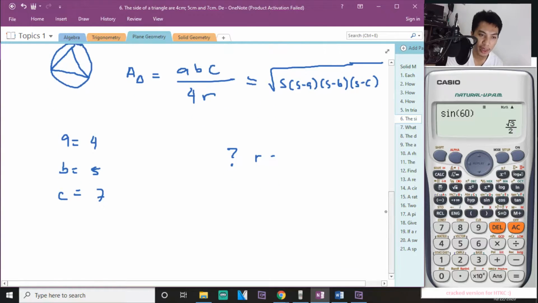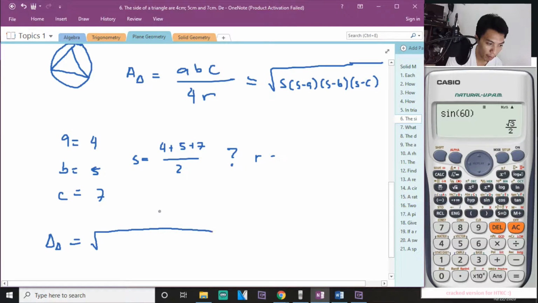So, let us solve it the longer method. Alamin muna natin yung area ng triangle. S is equal to 4 plus 5 plus 7 over 2. That is 16 divided by 2, 8. So, S is equal to 8.